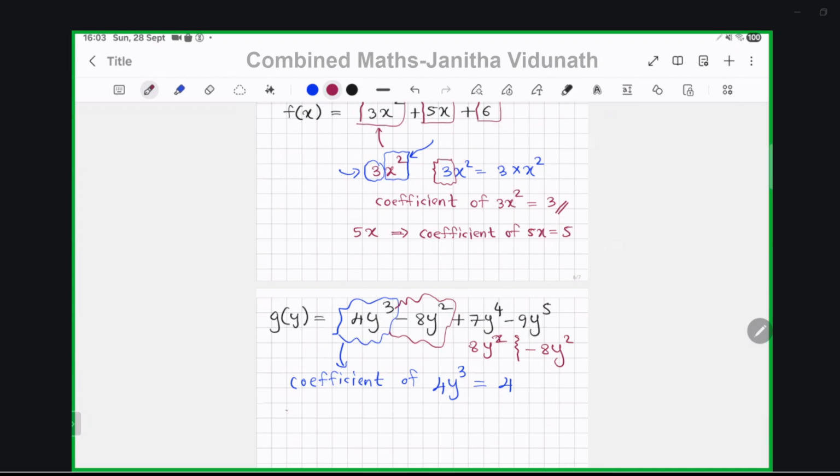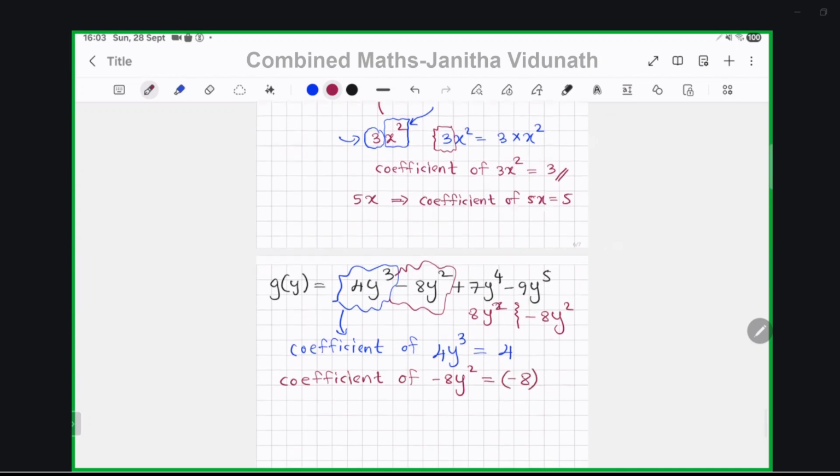We need to get the whole term with the sign of that term. That means the coefficient of the second term, minus 8y to the power 2, is simply minus 8, the number that multiplies with the variable term.